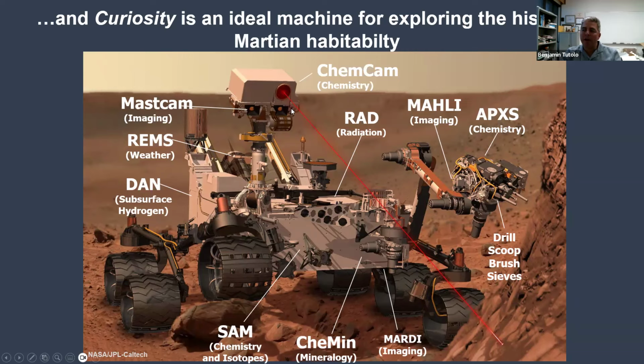The ChemCam instrument, which is a wonderful tool for doing reconnaissance geochemistry along the rover's traverse using laser-induced breakdown spectroscopy. The CheMin instrument, which is again the main feature of the talk today, that does mineralogy on Mars. And then finally, the SAM, or Sample Analysis at Mars, instrument will be briefly mentioned. And what it does is enable us to get a better understanding of the chemistry, but also the isotopic composition of materials.